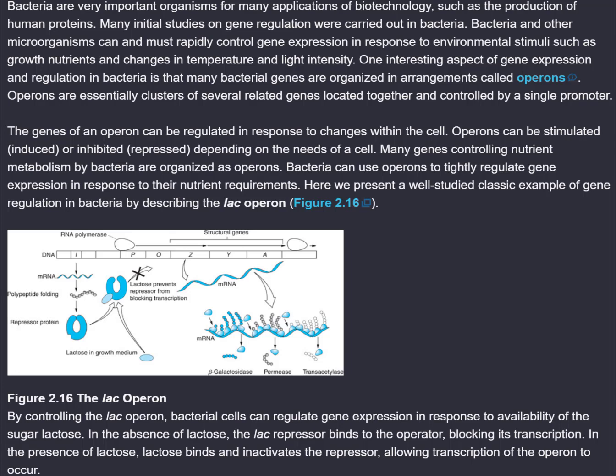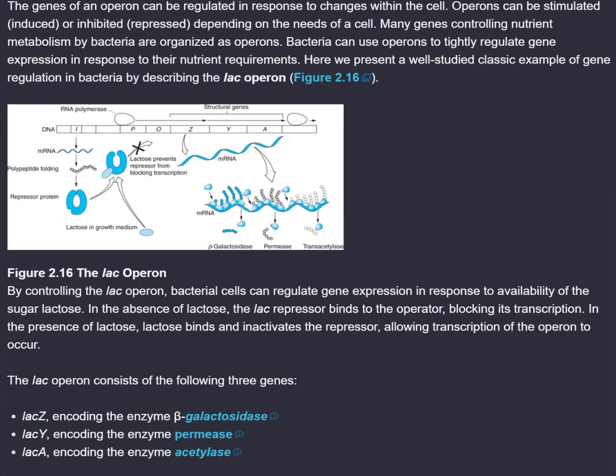One interesting aspect of gene expression and regulation in bacteria is that many bacterial genes are organized in arrangements called operons. Operons are essentially clusters of several related genes located together and controlled by a single promoter. The genes of an operon can be regulated in response to changes within the cell.